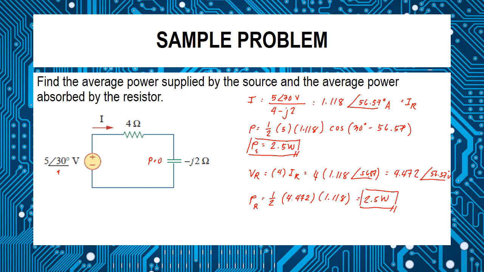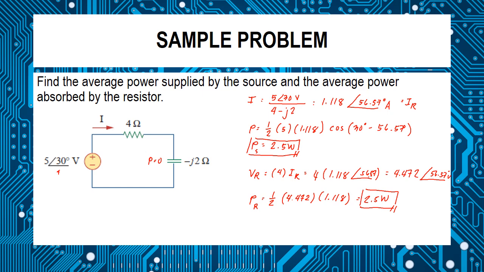So for the average power, 1/2 times voltage is 5, current is 1.118, cosine of the angle of voltage, 30 degrees, minus the angle of current, 56.57.